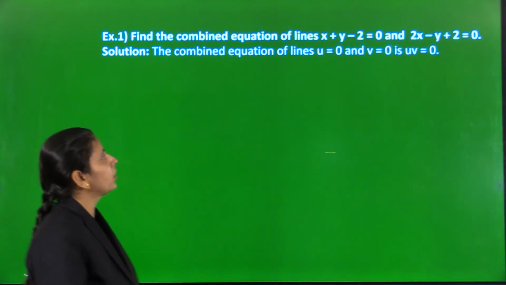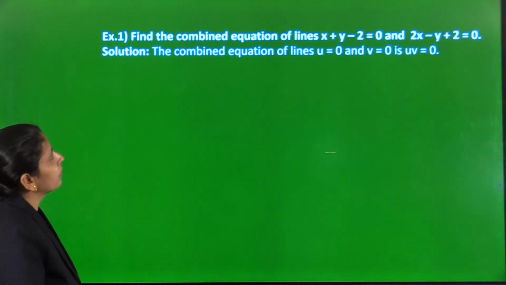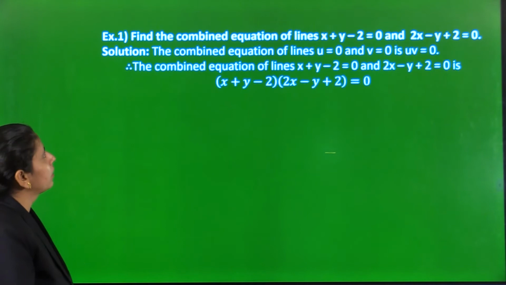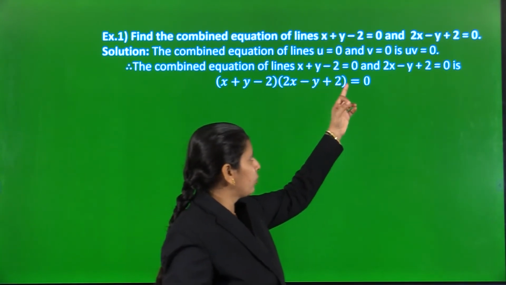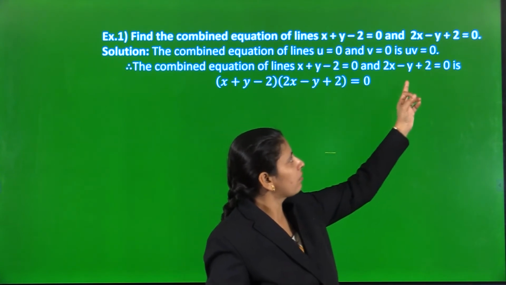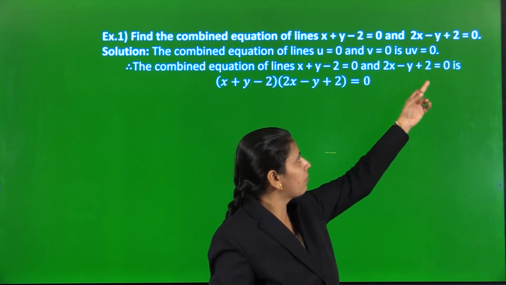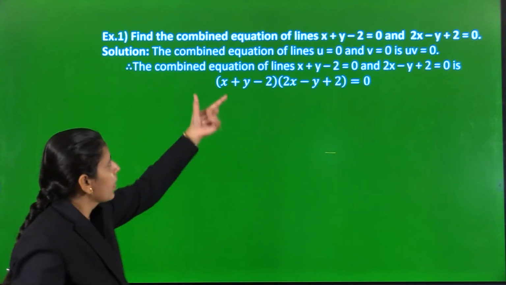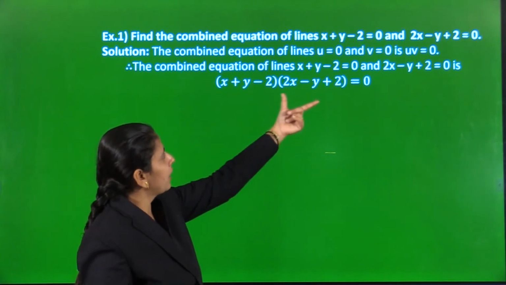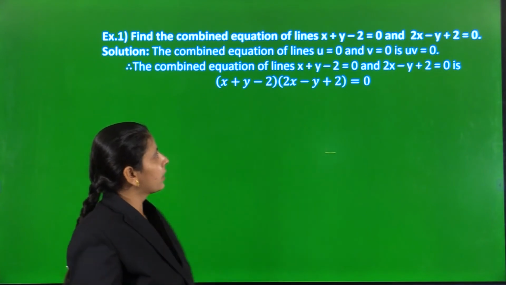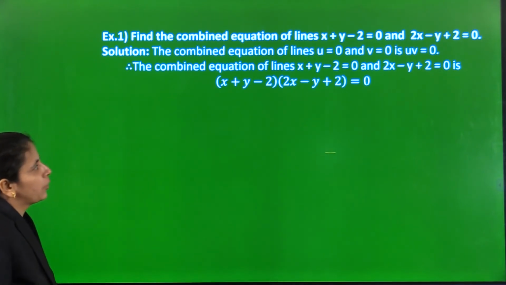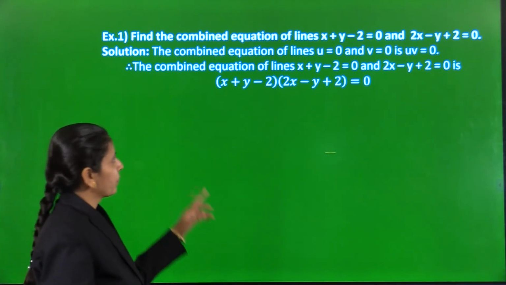So consider the multiplication of the left hand sides of these two equations. The combined equation of lines x + y - 2 = 0 and 2x - y + 2 = 0 is the multiplication of the left hand sides of those two equations, that is (x + y - 2)(2x - y + 2) = 0.